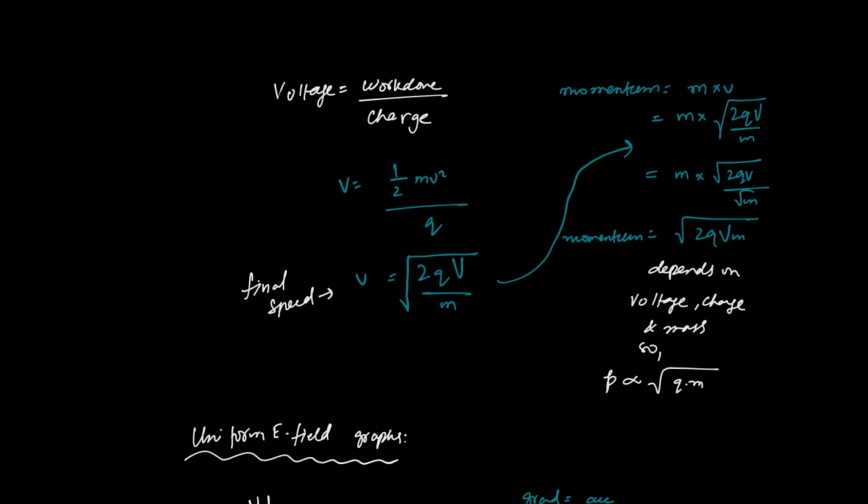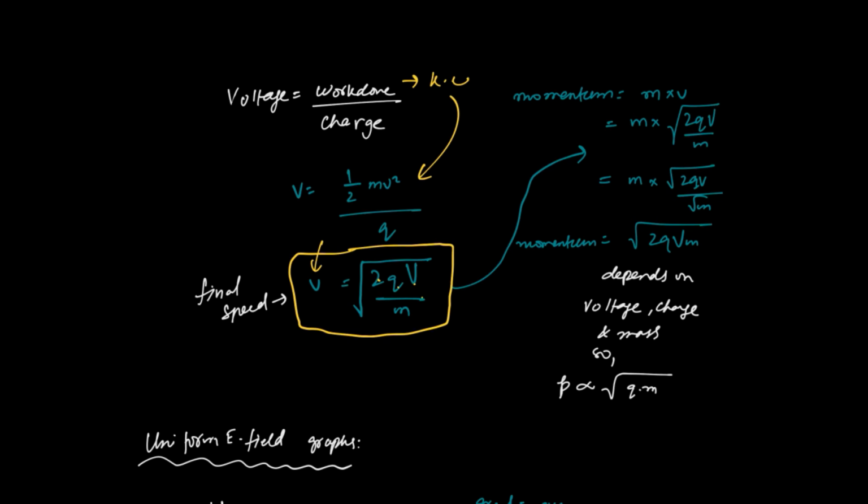So we know that work done would be only converted into kinetic energy. So we could replace work done with the kinetic energy formula, and by making velocity the subject, we derive another formula for velocity in electricity: velocity is equal to the square root of twice the charge times the voltage applied, divided by the mass of my charge.